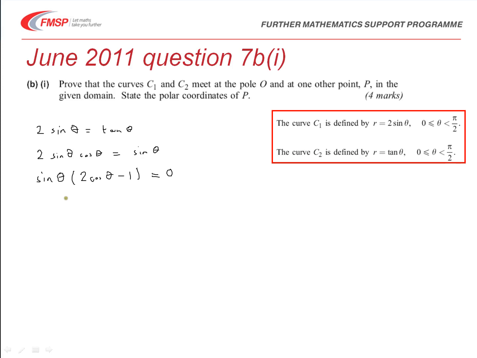Having got that, we can then see that will lead to two solutions. One solution is sine theta is equal to 0, which tells us that theta is 0, which is of course the point at which we have the pole.